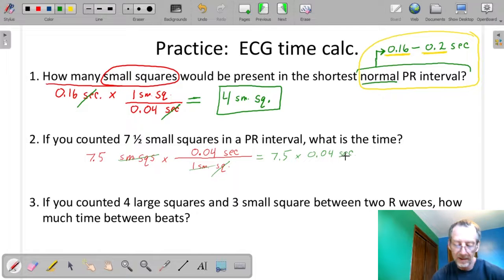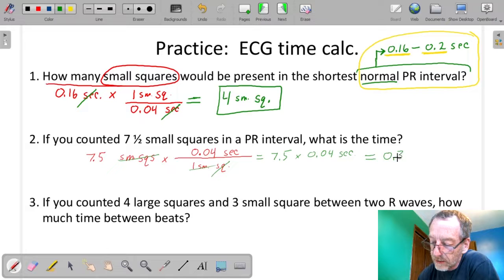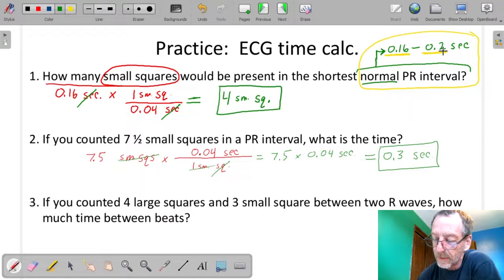Use your calculator if you want to, and you should come up with a time of 0.3 seconds for, what was this? This was our PR interval. Is that normal? No, because it's outside this range of 0.16 to 0.2. So it's quite a bit longer than normal. So that could be a problem.